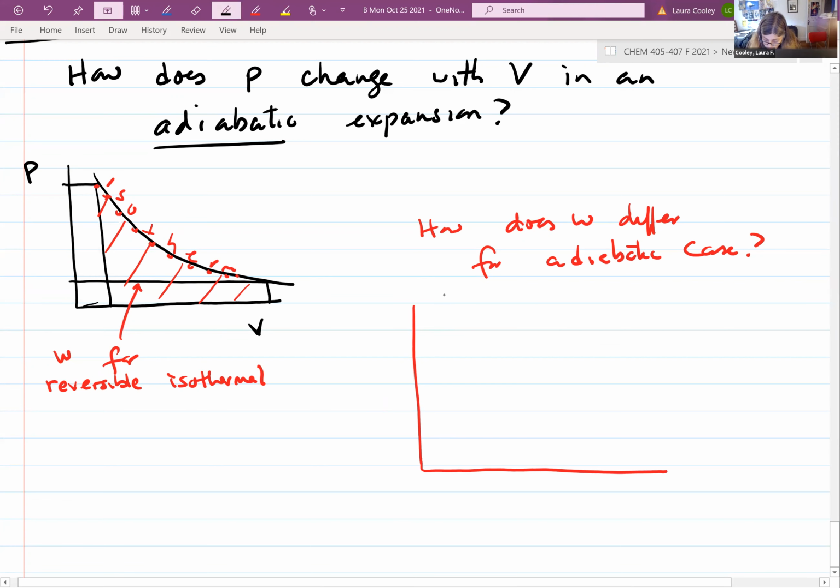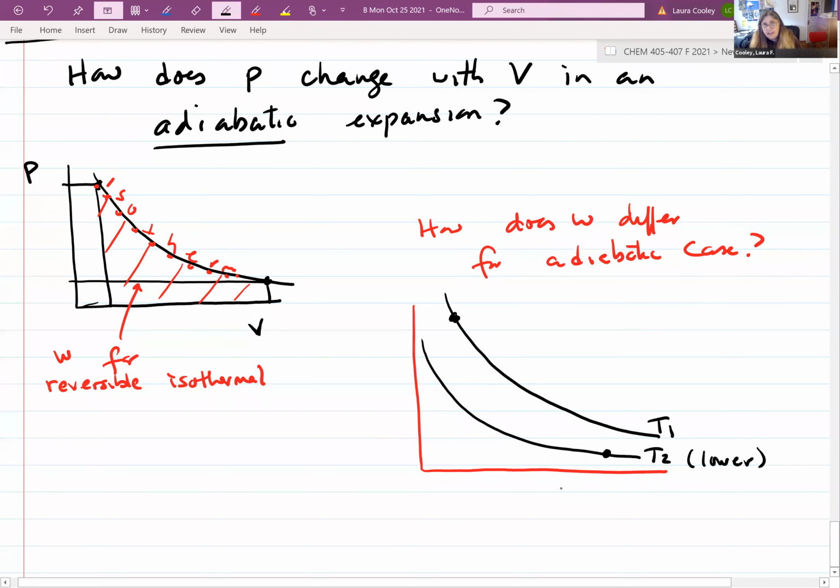So you start at one isotherm at a higher temperature, and you end up at another isotherm at a lower temperature. So this is T2, which is lower, and this is T1. So you may start here, but you don't end up on the same isotherm like you do here. You end up down here.